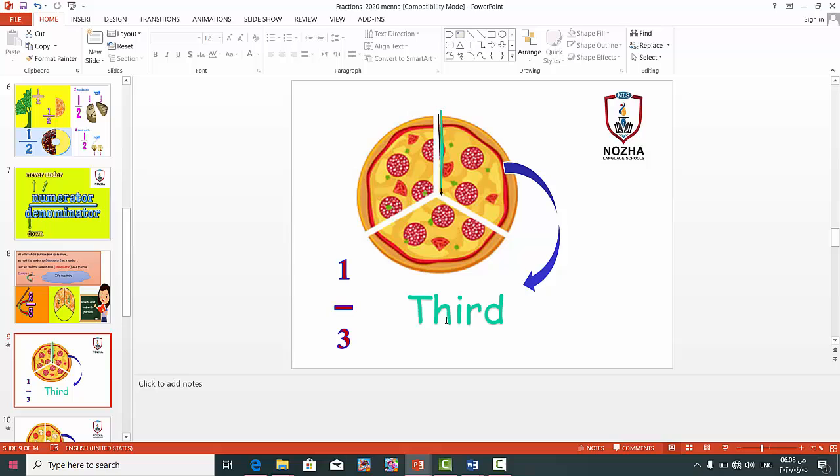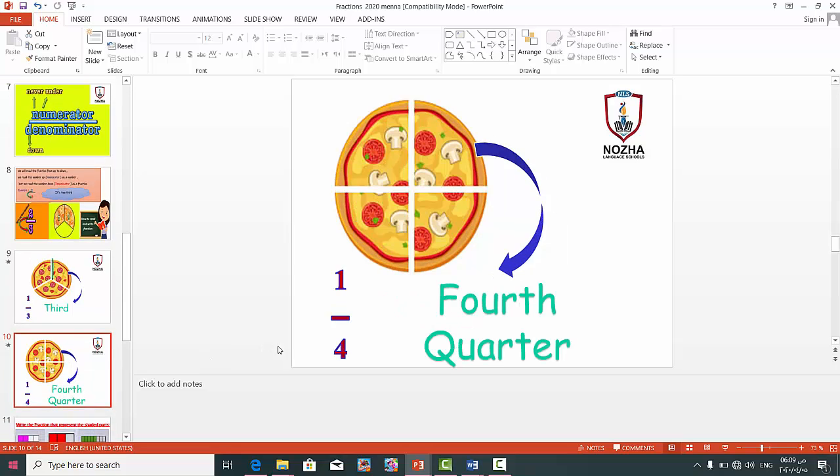Okay, let's read this fraction here. How many parts will I take, teacher? I will eat just one part. And how many all parts? 1, 2, 3 parts. So I will write 1 over 3, a third. Here, my students, this pizza, I will cut it in 4 equal parts.